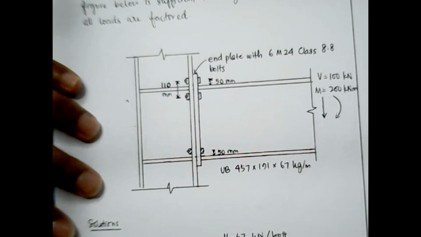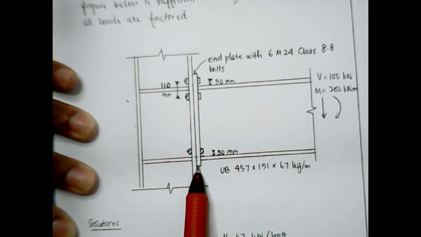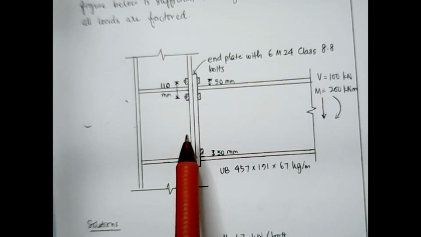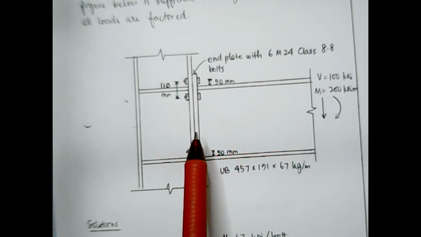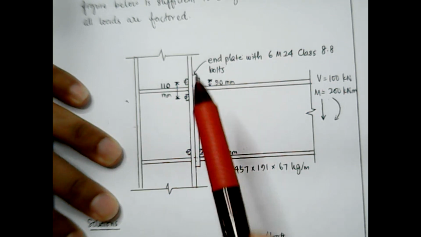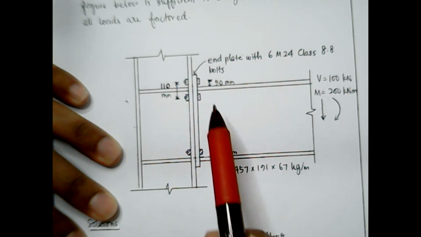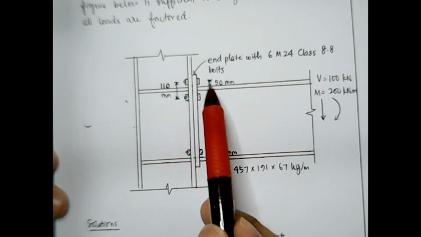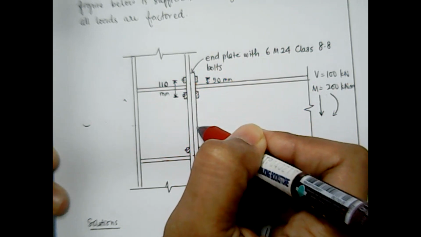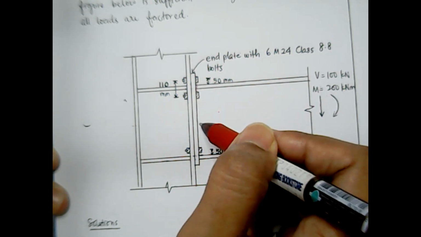And another thing, when the bolt is experiencing shear, definitely each of the bolts will need to be checked for bearing resistance as well. And you also need to check, since in these examples the end plate is welded to the beam, the shear resistance of the weld to the beam must be checked as well.